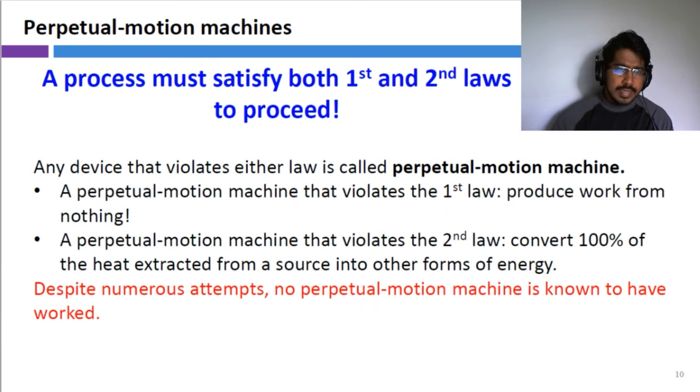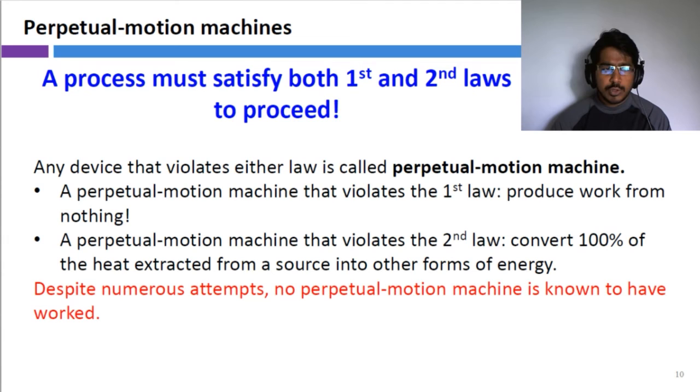Any device that violates the first law or second law is called a perpetual motion machine, right? So any device that violates either law is called a perpetual motion machine.